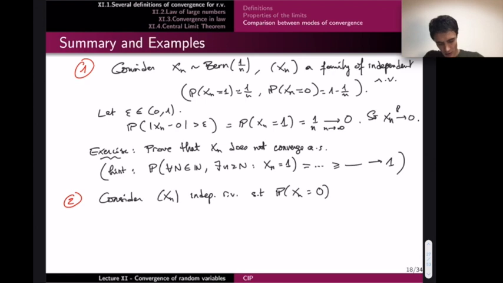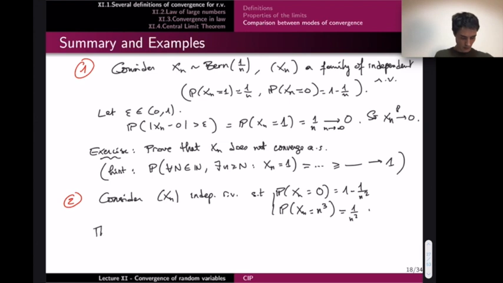It can be 0 with very big probability, very close to 1. And the probability that Xn is equal to, this time I will not choose 1, I will choose a very large value so that I'm messing up with convergence in LP, because it will take very, very large values, very rarely, and more rarely actually, but still very big values. So if I take, let's say, n to the 3, with probability 1 over n squared, then I will show convergence in probability.